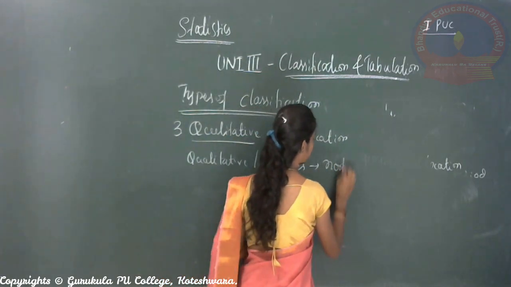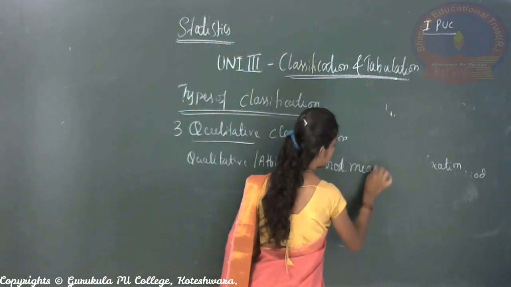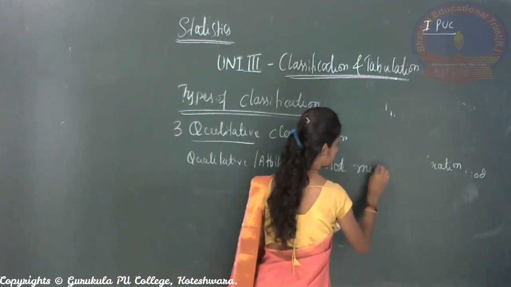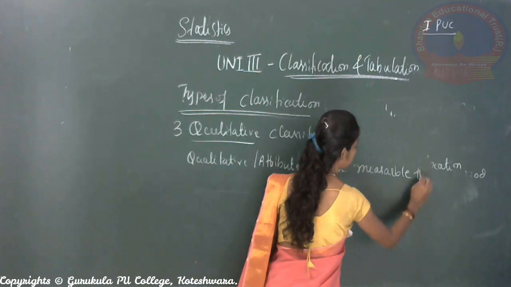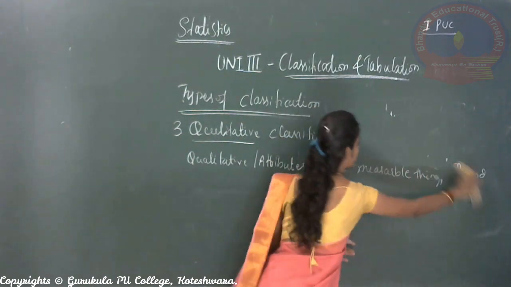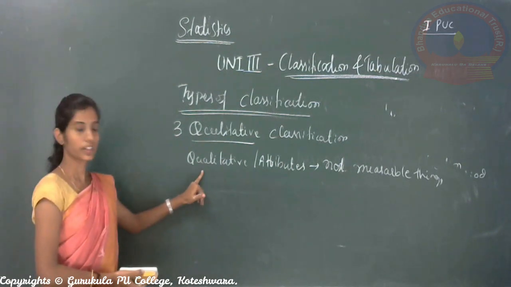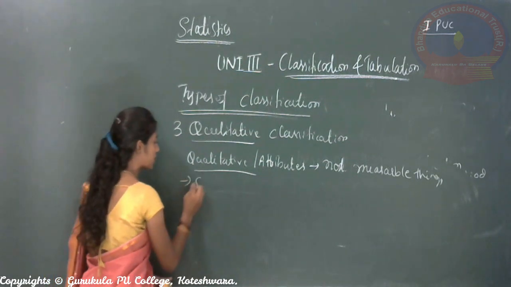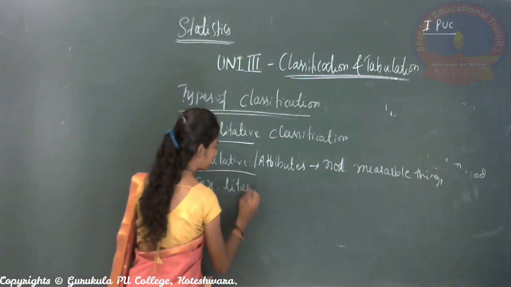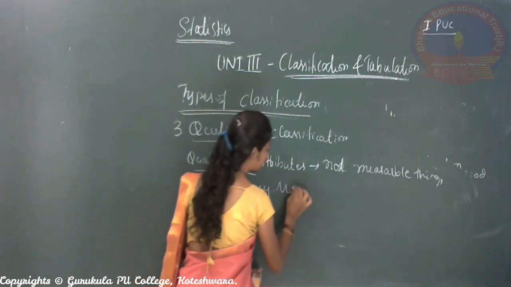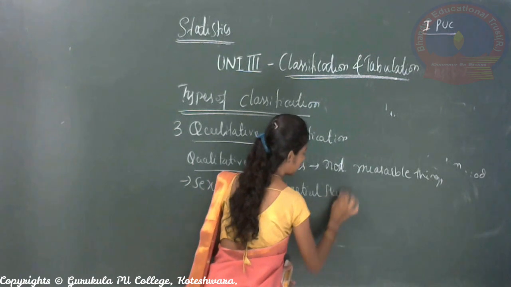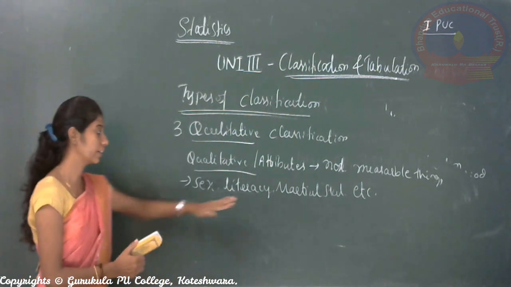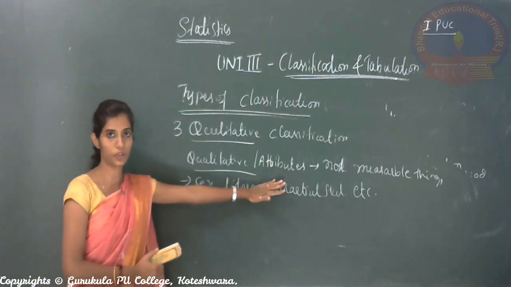So classification based on attributes may be such as sex, literacy, marital status, education or employment, etc. All these are related to quality or attribute.